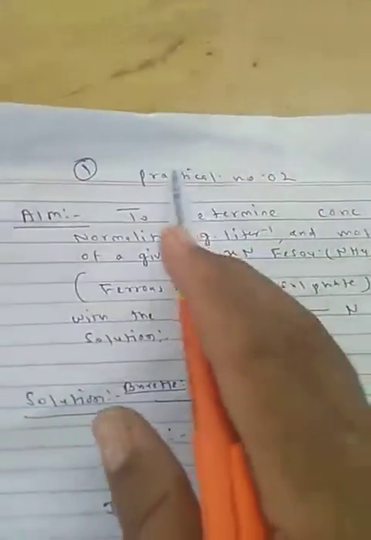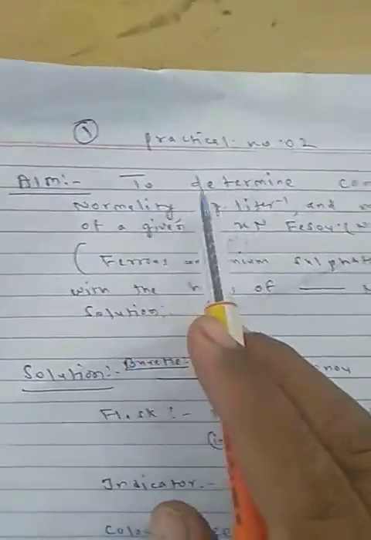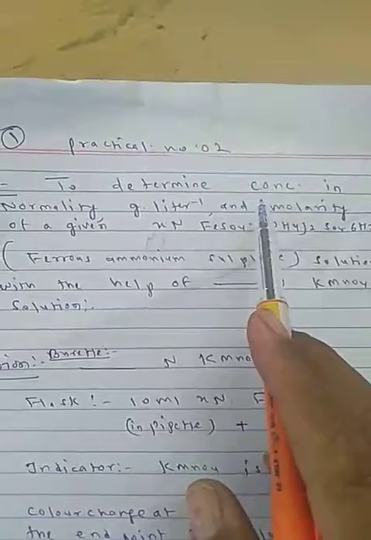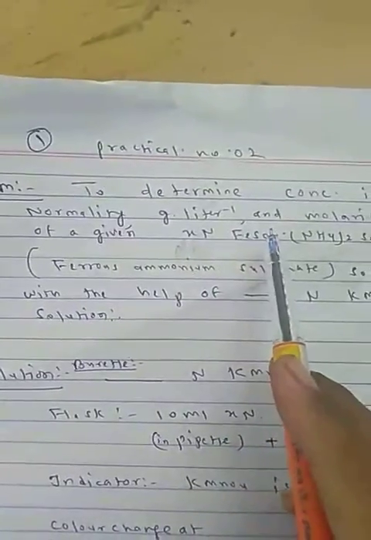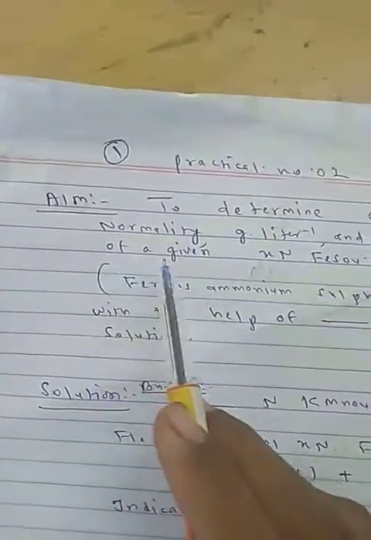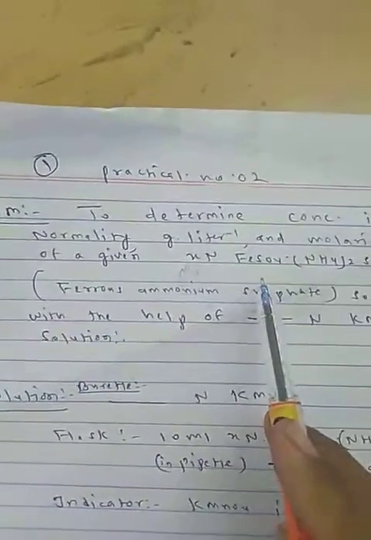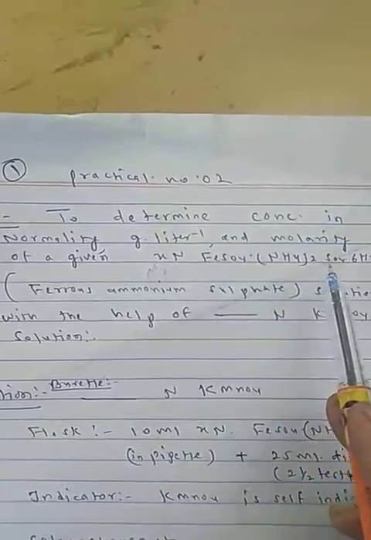Experiment number 2, practical number 2, A. You have to write: to determine concentration in normality, grams per liter and molarity of a given X normal ferrous ammonium sulfate.